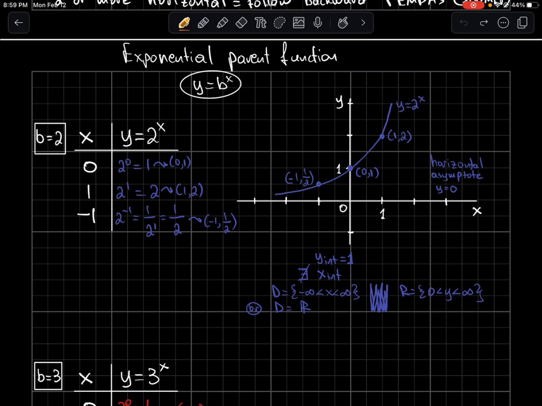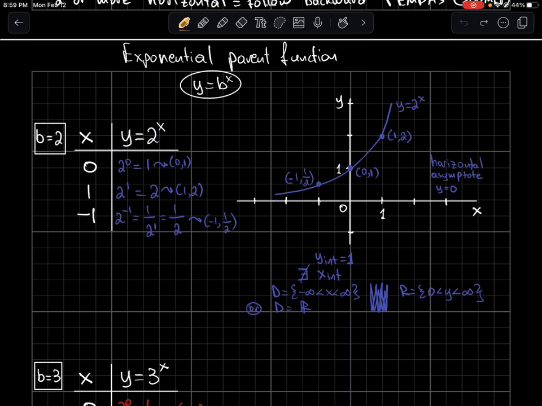We can have more, but we shouldn't have fewer than 3 values. We have done all the explanation, the investigation, the discovery, and now we're just applying. There are going to be 3 values: 0, 1, negative 1. Those are supposed to be plugged in for the exponent.